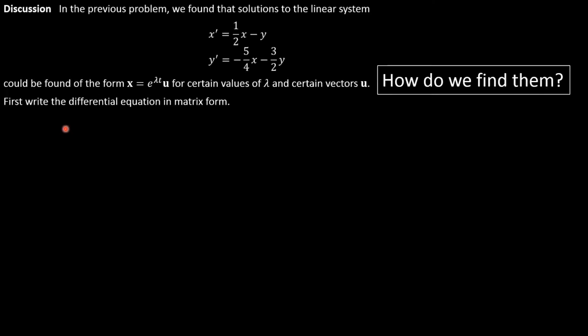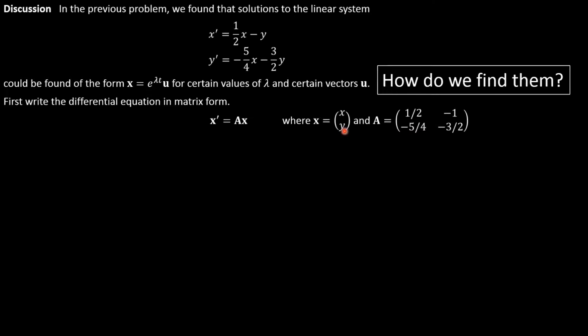Well, first of all, it helps us if we can write this equation in what's called matrix and vector form, where instead of writing them separately, you refer to x prime comma y prime as a vector x prime, and then the right hand side is matrix times vector, where the matrix is just the coefficients, and the vector, of course, is x comma y.